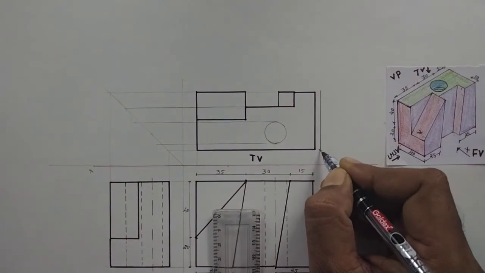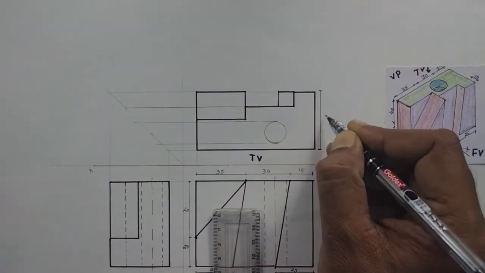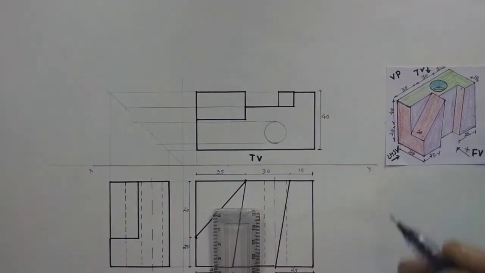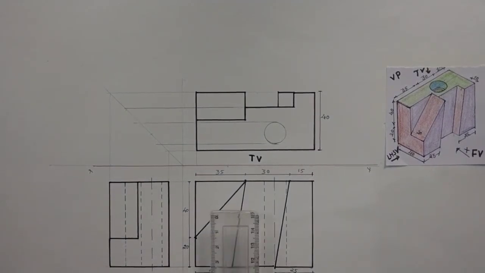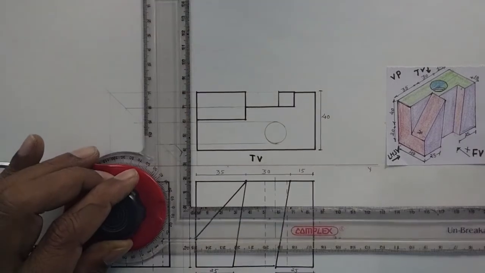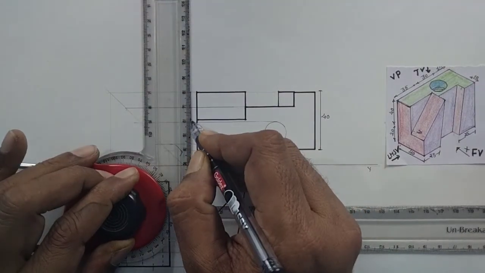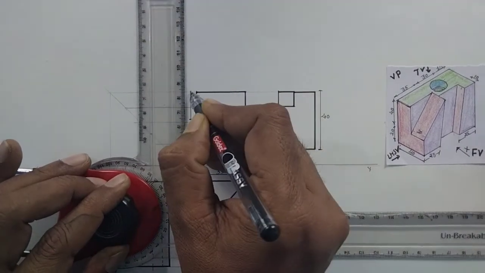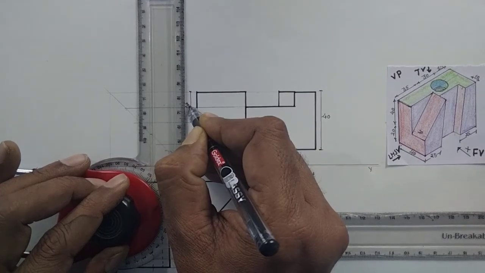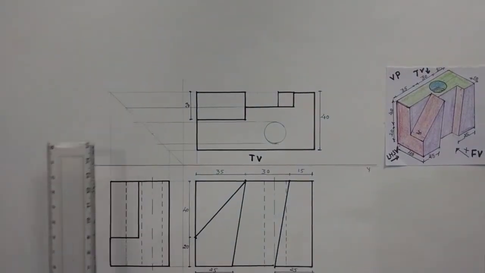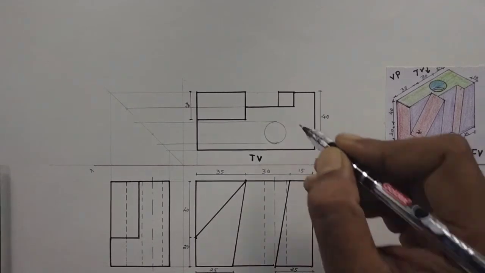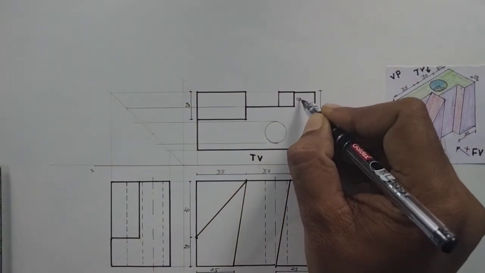That width is 40 mm. And you can represent this one 20 mm. And this dimension is your 10 mm.